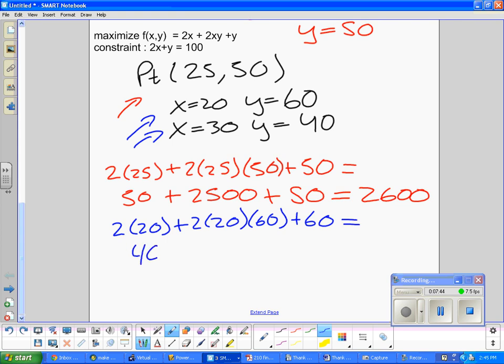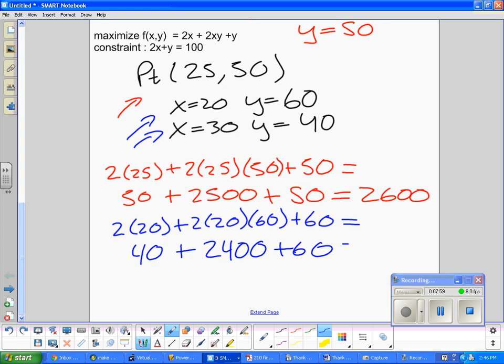This is all basic math at this point. That's 2,400 plus 60.